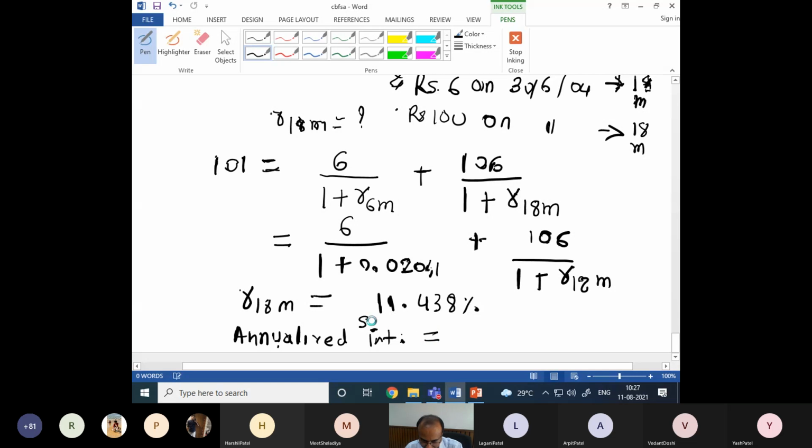So annualized simple interest, let me write, it's a simple interest. I want to get the answer from you. These are very simple calculations, but it is required to understand properly. Otherwise, I cannot move further. How can I convert it?